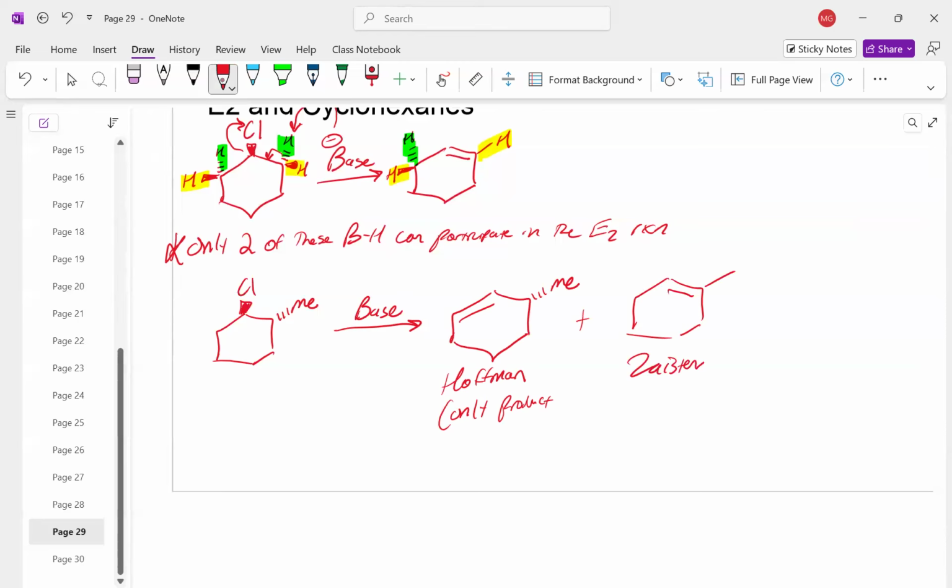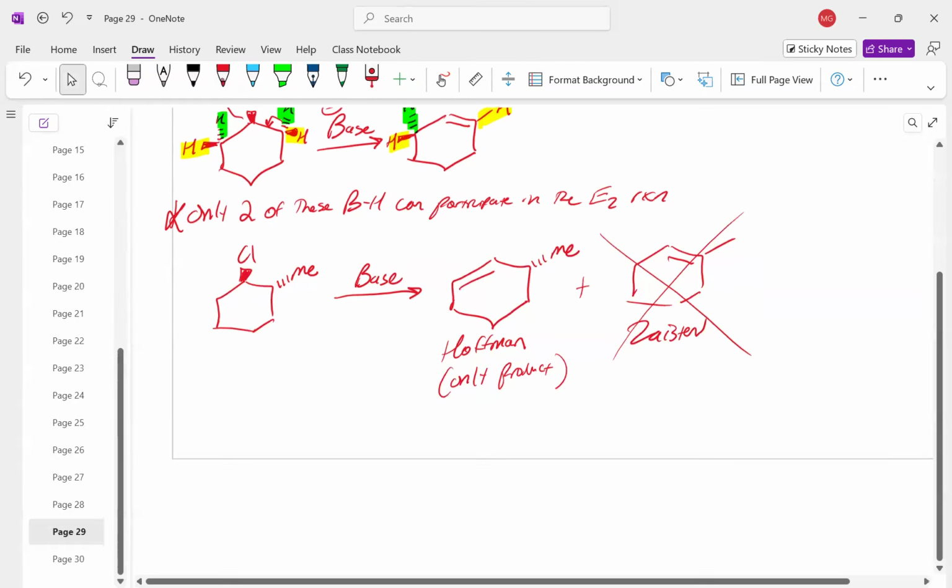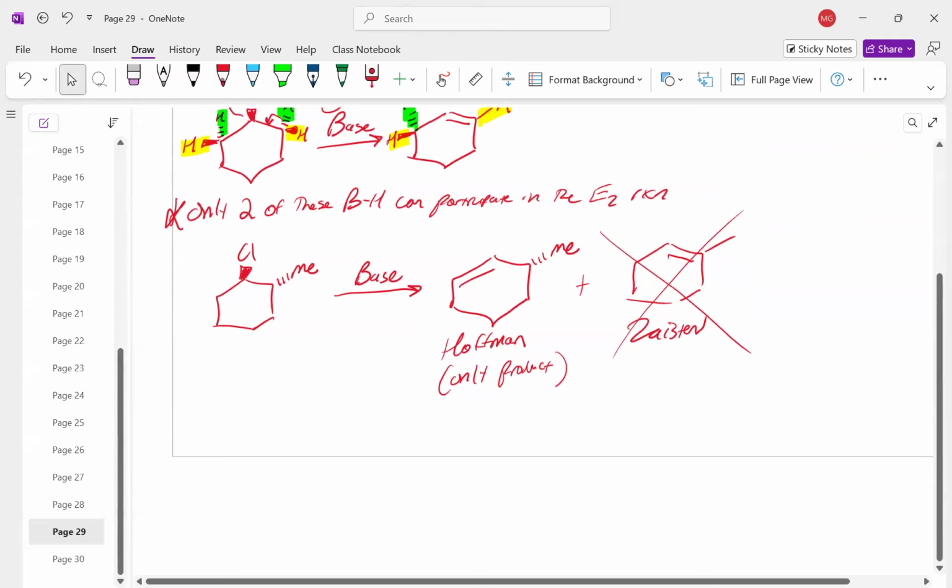It's not even formed in a small amount. It's not formed at all. So I want you to go back and look at the reactant, look at the cyclohexane, and maybe pause the video and come up with an explanation why the Hofmann product is the only product that is obtained and why the Zaitsev product is not even possible.